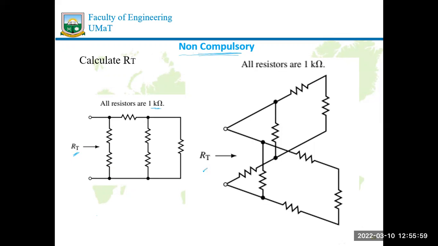Here as well, we have RT, but this time it's been drawn in a way that looks as though you are looking at a 3D image. So try and find RT as well.